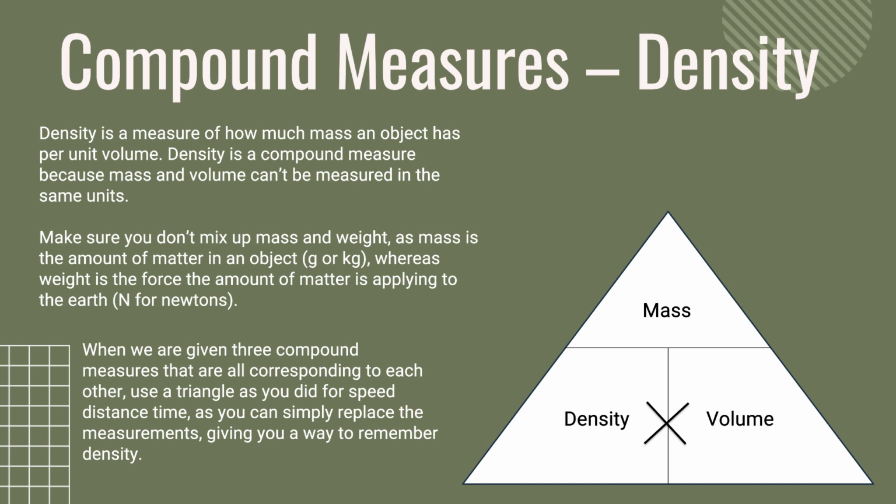When we are given three compound measures that all correspond to each other, use a triangle as you did for speed, distance, time, as you can simply replace the measurements, giving you a way to remember density. So density is mass divided by volume, density times volume equals mass, and mass divided by density equals volume. And this is a quick way to remember.